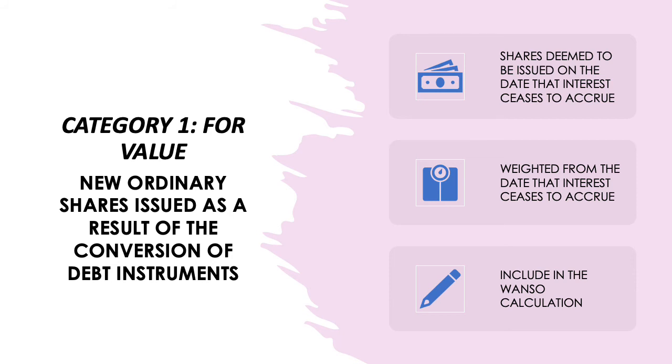Therefore, the shares are deemed to be issued on the date that interest ceases to accrue. The shares will be time-weighted from the date that interest ceases to accrue, and this can then be included in the calculation of WANZO. Let's take a look at an example to ensure you understand.